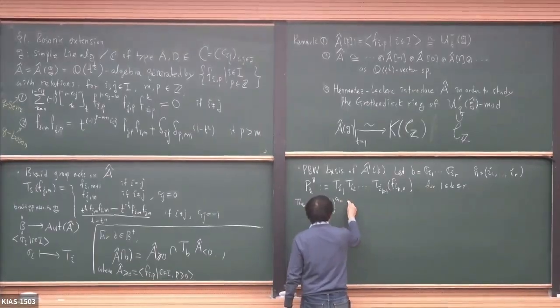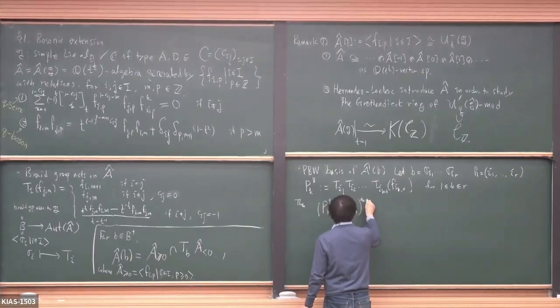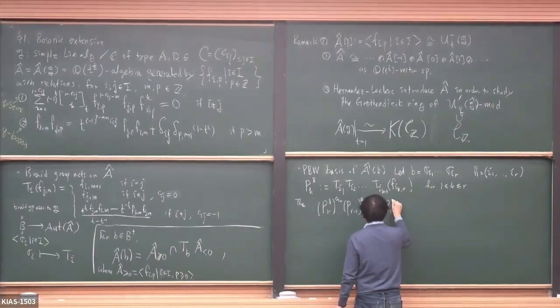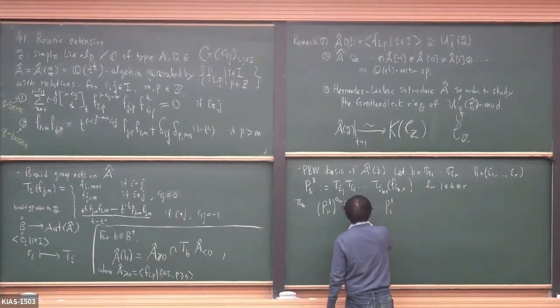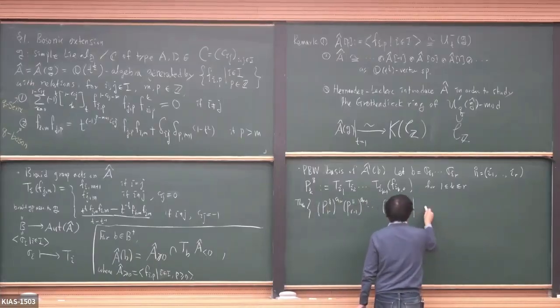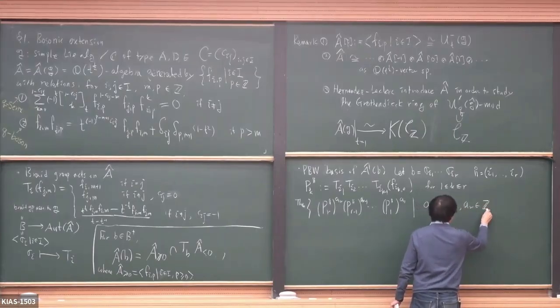And actually, what happens is the following. We take the ordered product of these generators P_k raised to exponents a_k, where the exponents are non-negative.